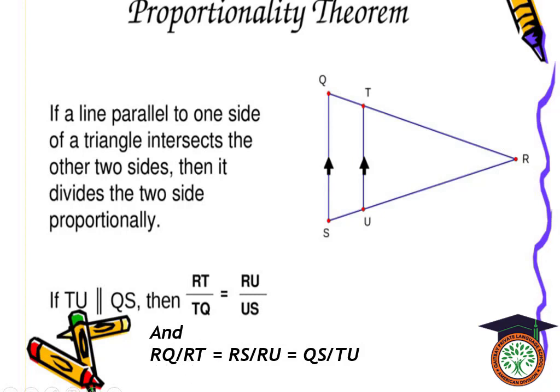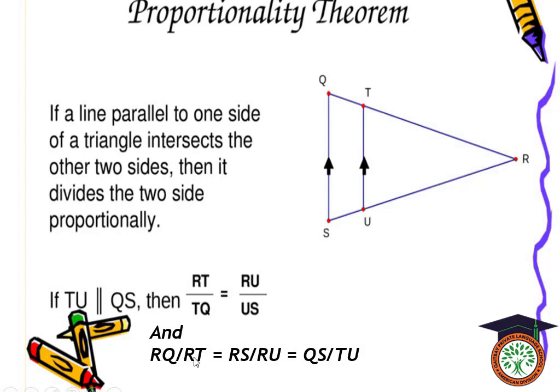RQ over RT equals the second ratio. Who can tell me what side corresponds to RQ? The corresponding side to RQ is RS. Very good. So RQ over RT equals RS over RU.